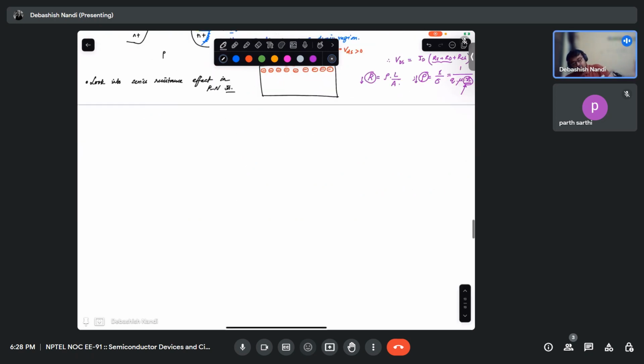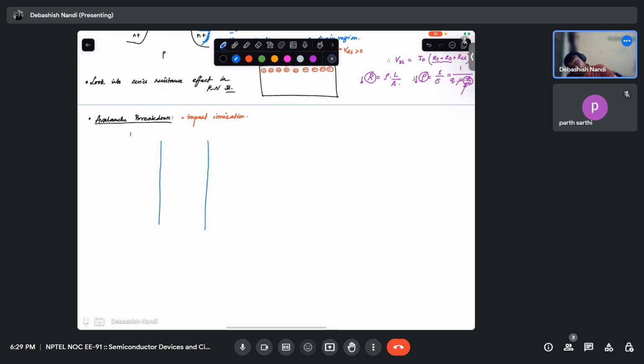Okay, so now let's move on to your avalanche breakdown. So what did we tell, that the important point is this is a method called impact ionization. Okay, let me tell you how it happens.